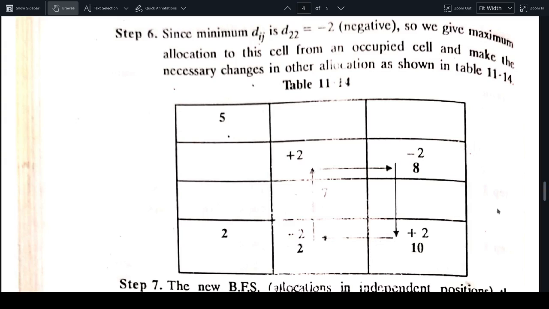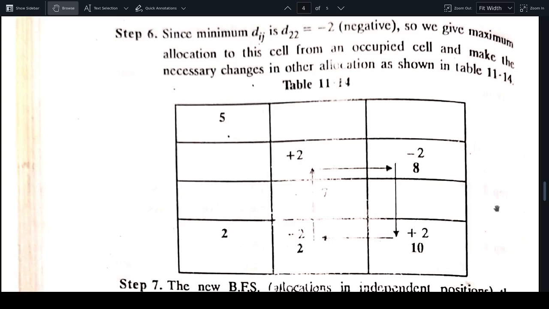Yes, sir. So the loop can also be counterclockwise, right? Currently it is going towards the right. Can we also go downward? Yes, we can move in this way, downward.